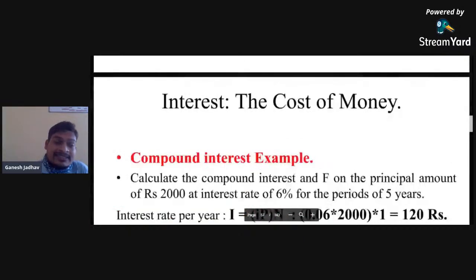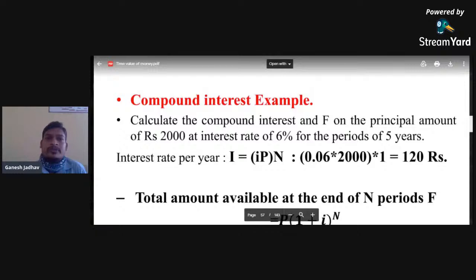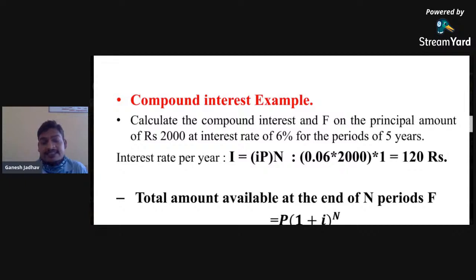Okay, this is a simple example of compound interest. Calculate the compound interest on a principal amount of 2000 rupees at an interest rate of 6% for 5 years.